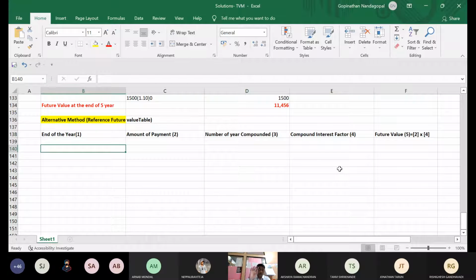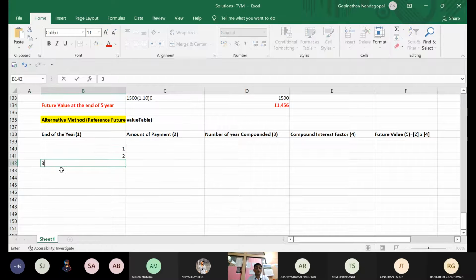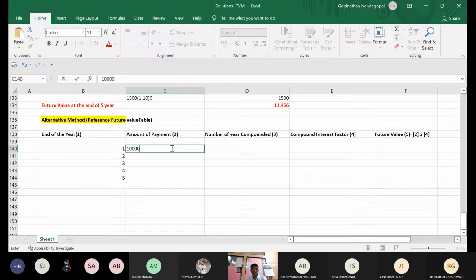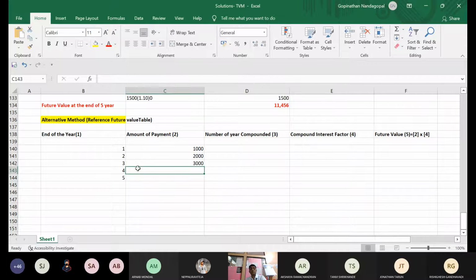Now, end of the year 1, 2, 3, 4, 5. So what will be your amount of payment which you take in rupees: 1000, 2000, 3000, again 2000, 1500.